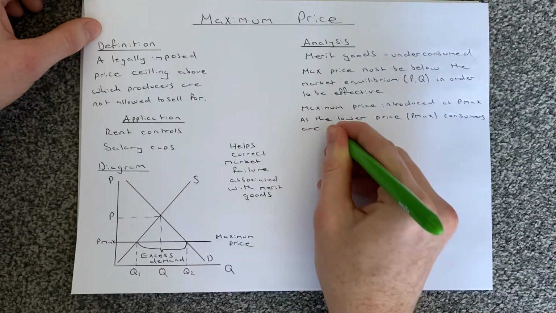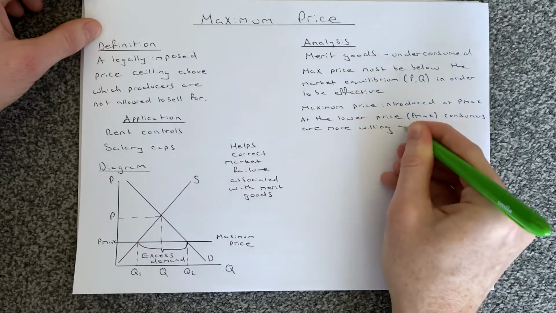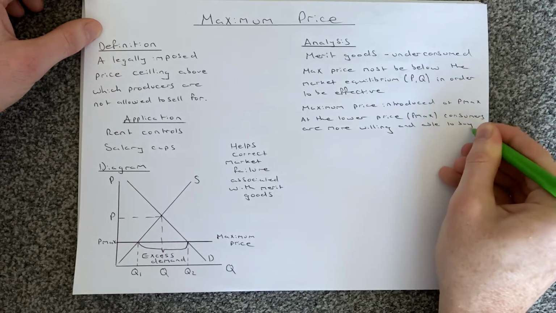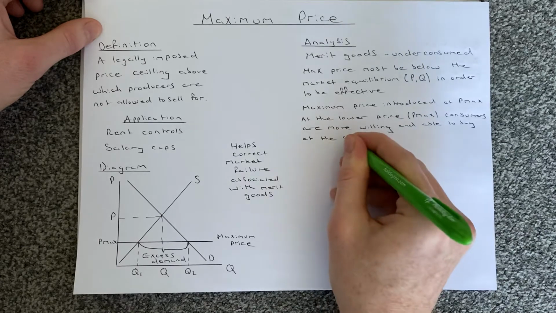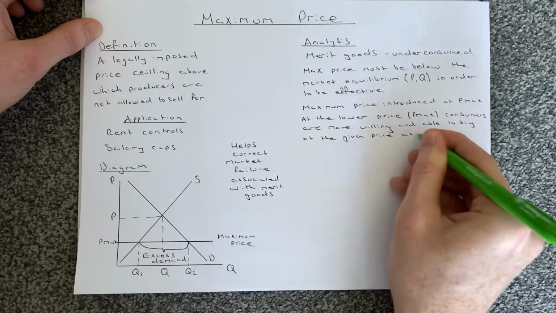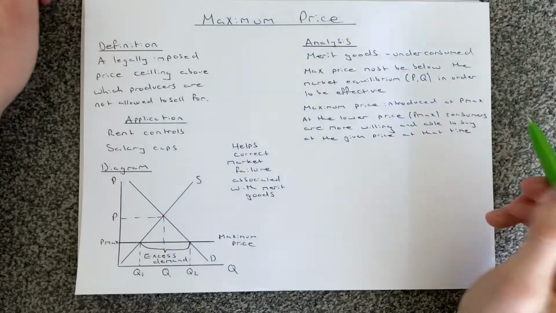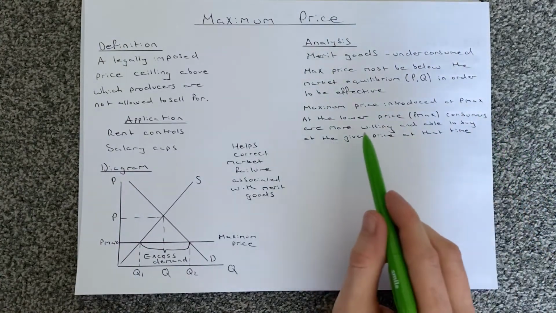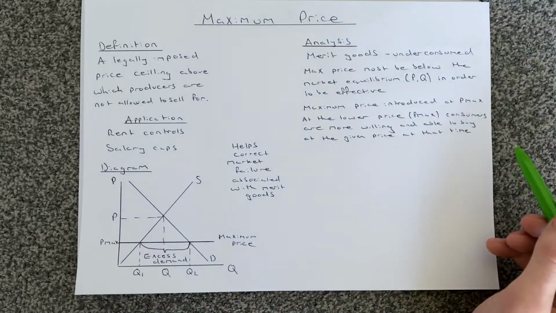At the lower price of P max, consumers are more willing and able to buy at the given price of P max at that particular time.